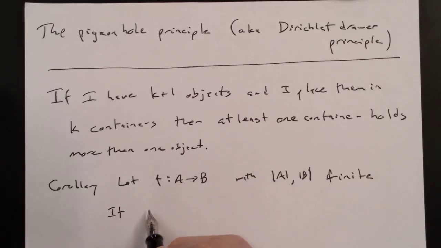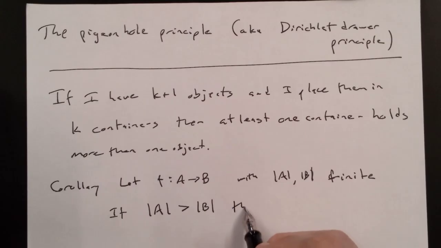If the cardinality of the domain is larger than the cardinality of the codomain, what do I know about this function? If this had k plus one things in it and this had k things in it, what could I get from here?